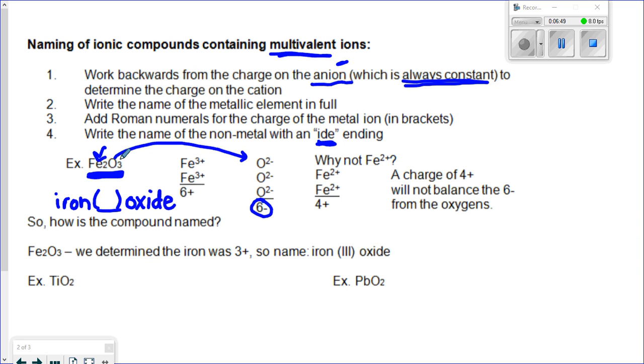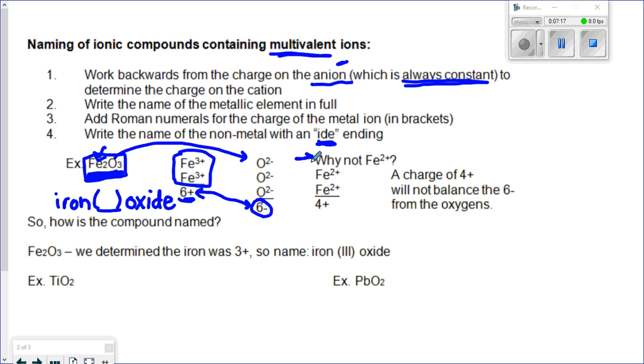We know that this overall formula unit needs to be neutral, so our number of negative charges needs to equal our number of positive charges. Since it says Fe2, we need 2 irons. In order to have 2 irons, they need to have a 3 positive charge each to come up with a total charge of 6 positive.